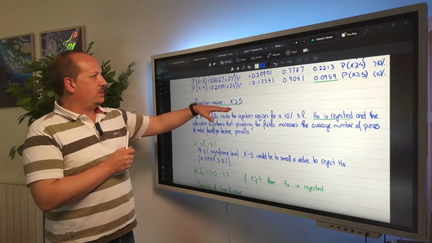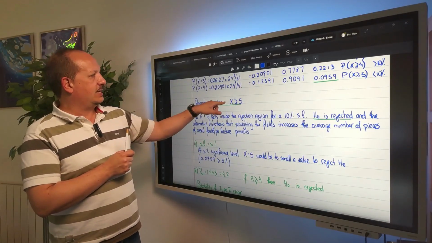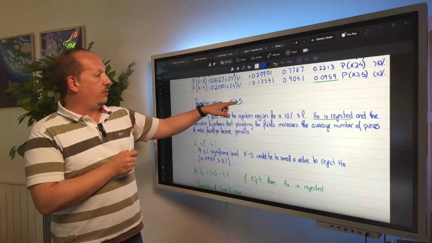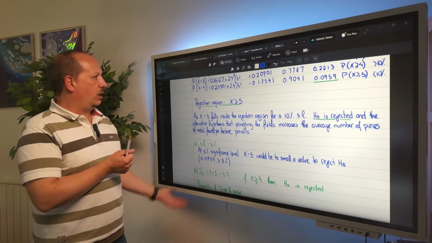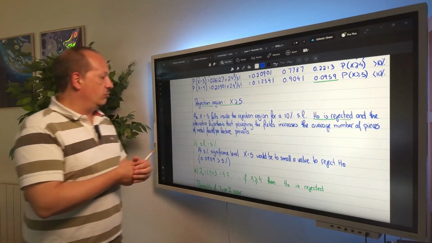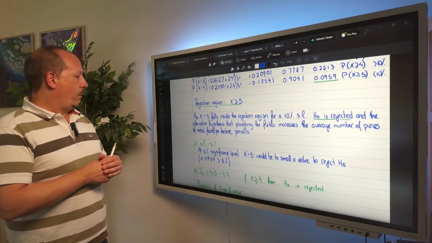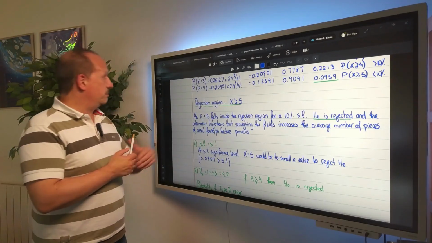Right now, at the 10% it is right at the limit, as you can see. The rejection region is X bigger or equal to 5. So if you decrease the significance level, this would obviously not be in the rejection region, which means that you would not be able to reject the null hypothesis.